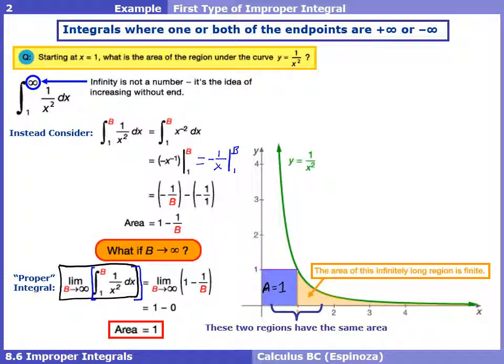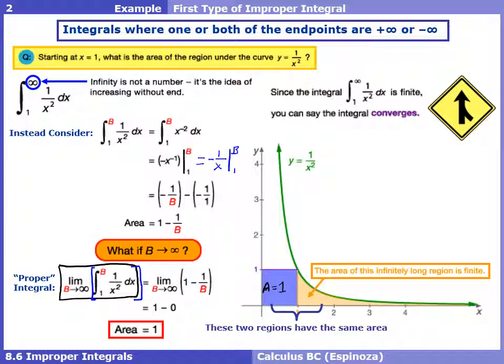That is to say, we could take all of this orange stuff that goes on and on and on forever and actually fit it inside of this little square to the left right here, because they have the same area. So again, a very strange outcome that I don't think many people would really have guessed would be possible. But as it turns out, the area of this infinitely long region is 1, and that area could actually fit in this square that you see here in purple.